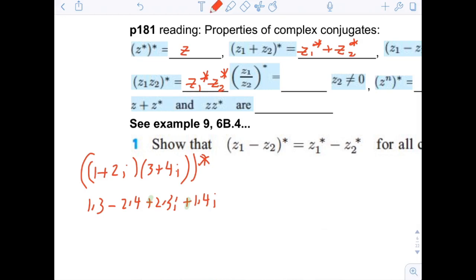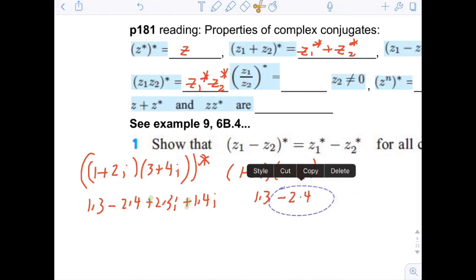Okay. What if I took the conjugates of the inside numbers first? So I do 1 minus 2i times 3 minus 4i. Then I would have 1 times 3, negative 2 times negative 4 is positive 2 times 4, i squared is negative. That would be the other real part.